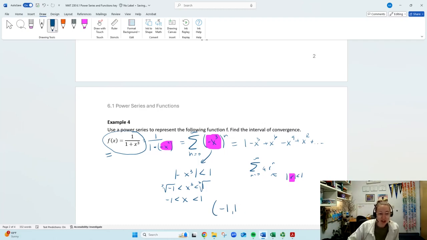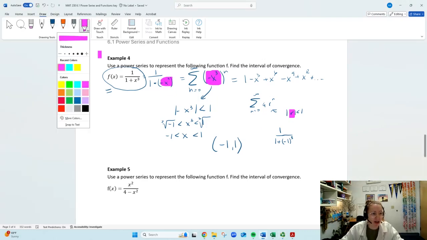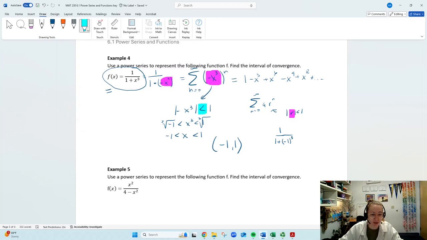It would be good to check those endpoints, but actually that's kind of silly, because this is not a less than or equal to, it's only strictly a less than. So I don't need to check these. They're strictly not including negative 1 and 1. And you can see why over here, if you plug it in, you'll get something that doesn't exist.